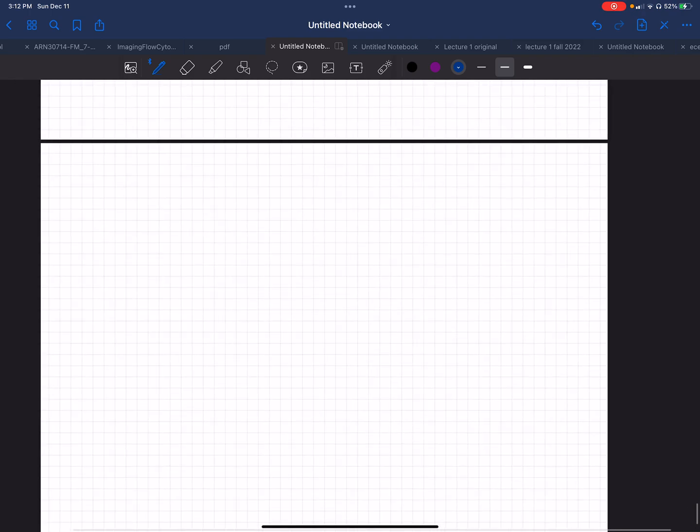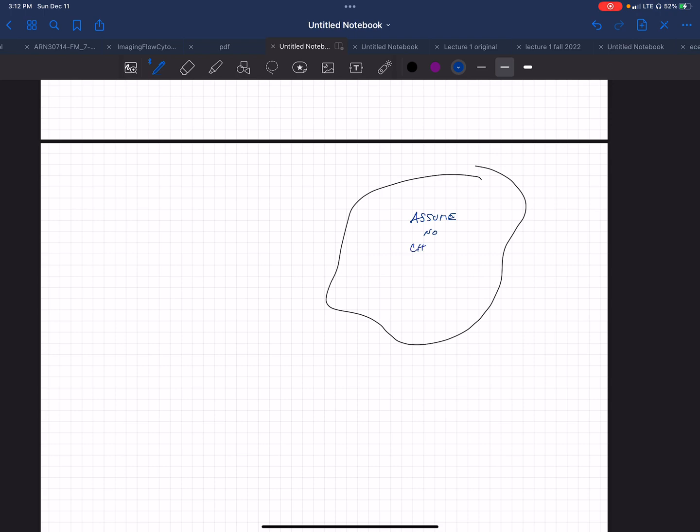Okay, so now let's look at a case. Let's look at a surface, and assume no charges inside the surface.